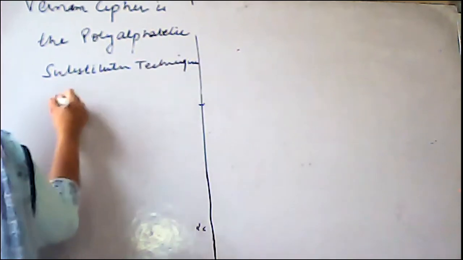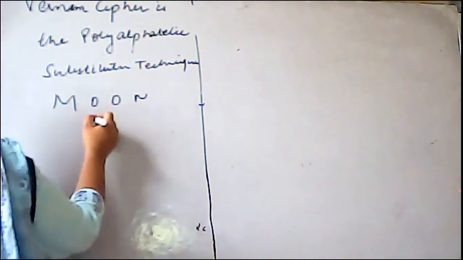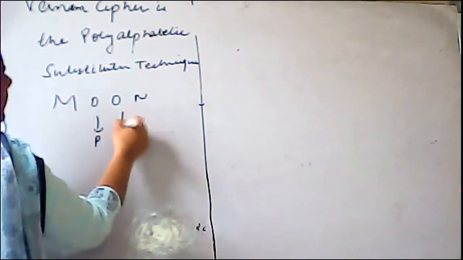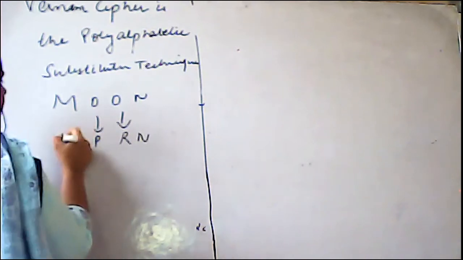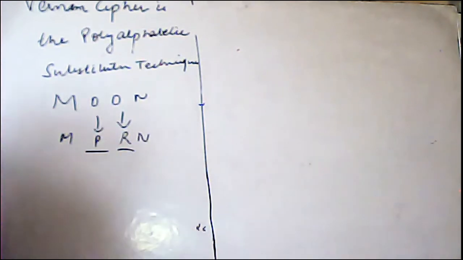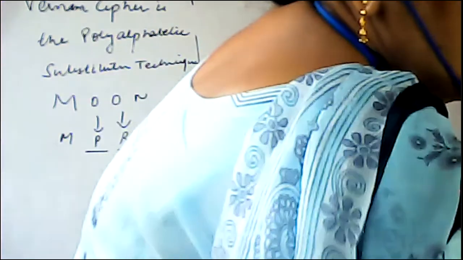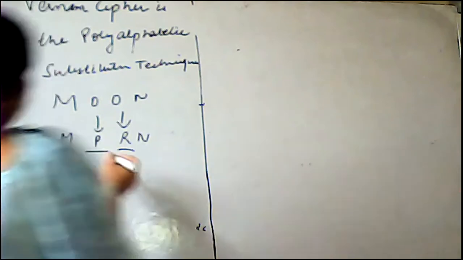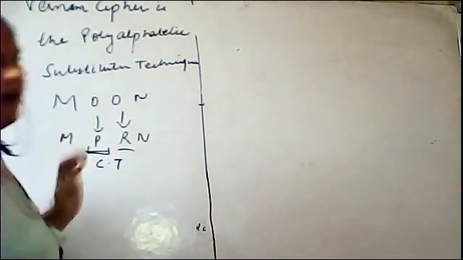For example, there is moon. One O will have encryption as, suppose, P. Another O will have encryption as R. That means two occurrences of the same alphabet will have two different alphabets as the ciphertext for the same alphabet.